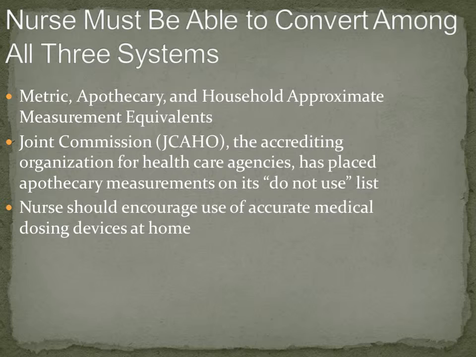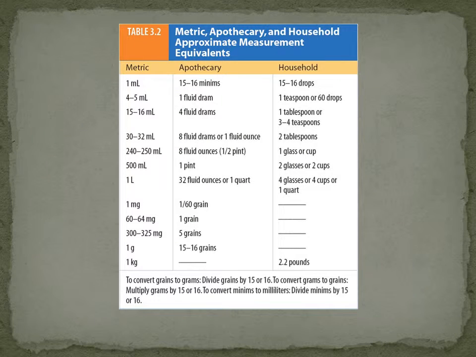It's hard for them to mess up if you give it to them, you mark it, and you actually show them, and they can show you again in a reverse demonstration that they understand how much medication they're supposed to give. So I think that's a good way to get around them using those devices at home.